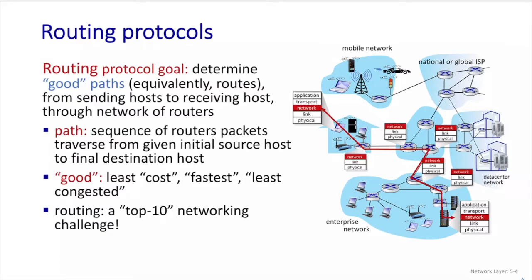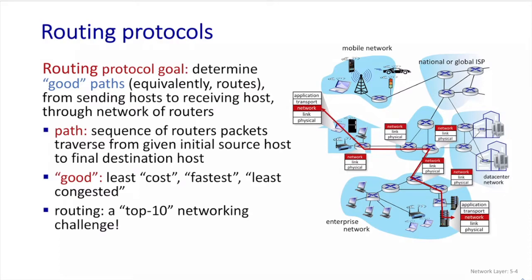So to find a good path, we have to find the minimum cost path. Sometimes good is defined by fastest. For example, one path is more congested and the other is not, so we will take the route which is less congested, so your packet will be delivered to the destination more quickly.